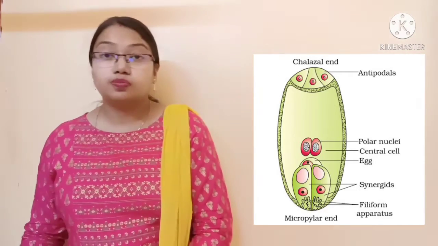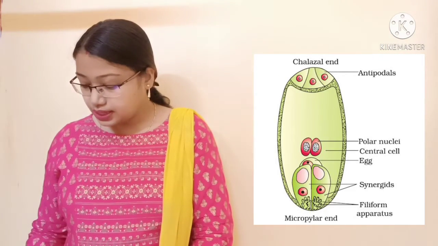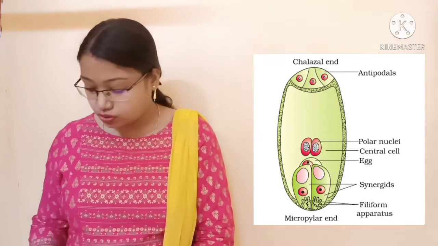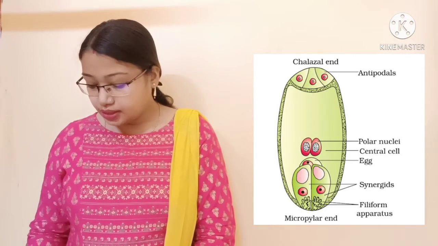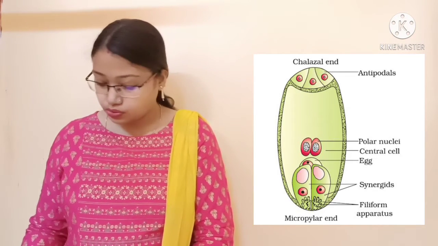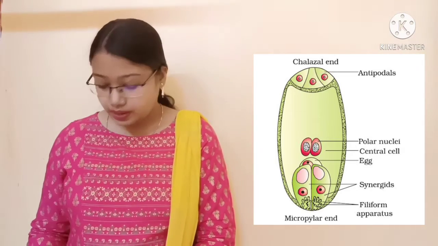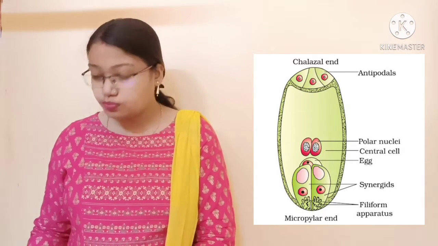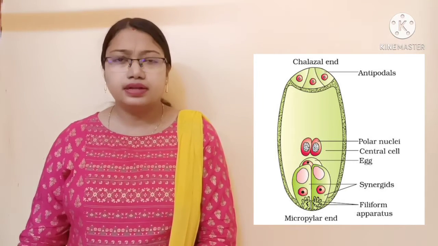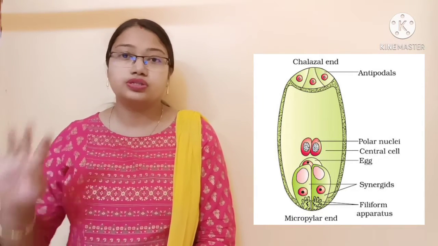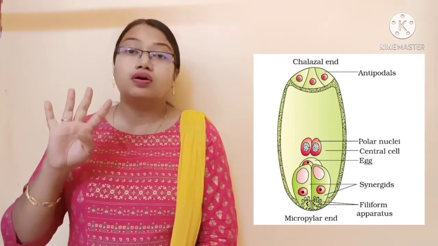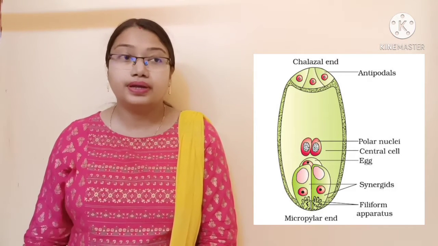Development of the megaspore. The megaspore mother cell is a large diploid, 2N, cell, having both sets of chromosomes. It undergoes meiotic division and gives rise to haploid cells or megaspores. In a majority of flowering plants, only one megaspore is functional and the remaining 3 degenerate. After meiosis, 4 haploid cells are produced, but not all of them survive.